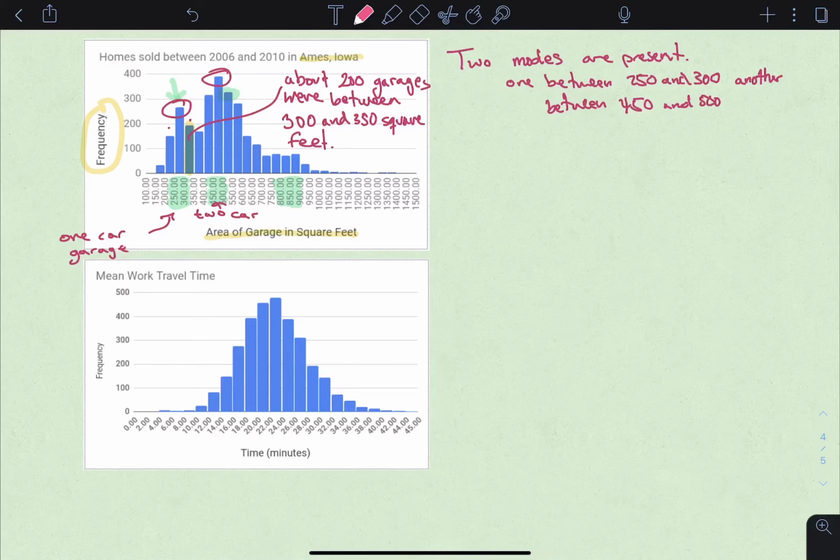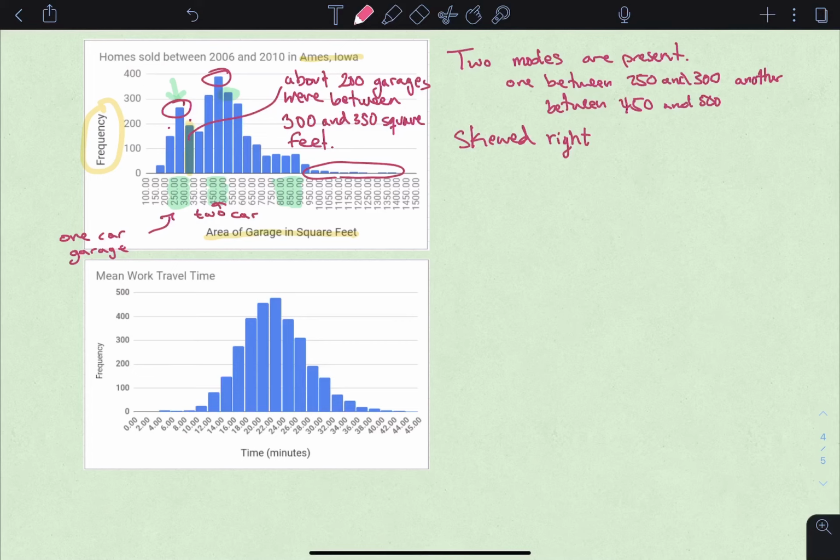This is going to be skewed right again, because you have these stragglers over here that are pulling the whole picture off to the right. And there may be some outliers.